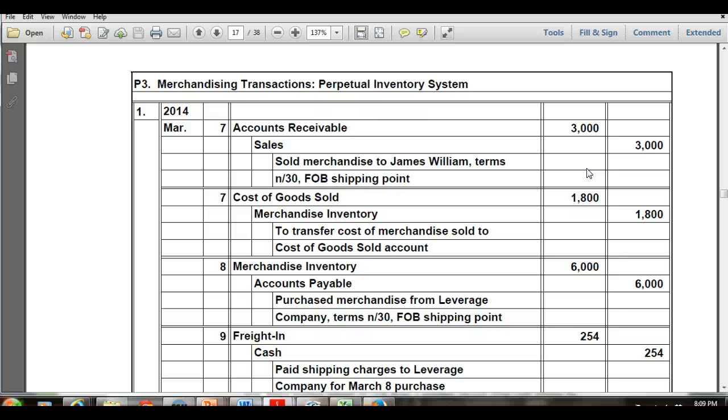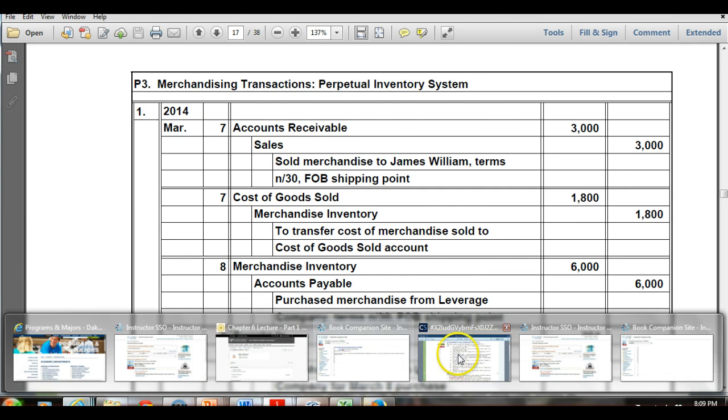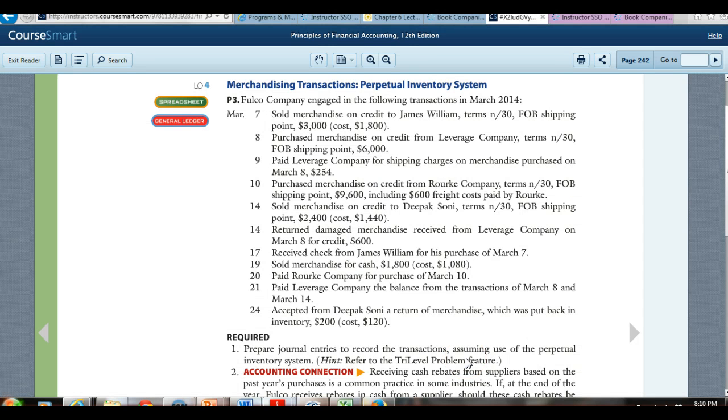Okay, the next one says to us, purchased merchandise on credit from Leverage Company, terms net 30, FOB shipping point, $6,000. So, guys, we're not selling it here, we're purchasing it, okay? We're purchasing merchandise for $6,000.